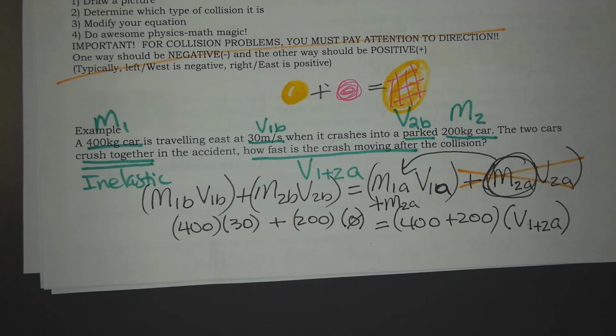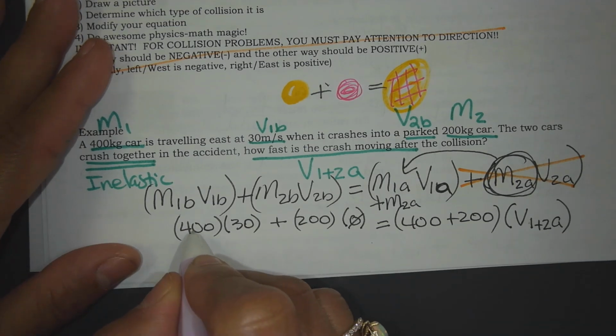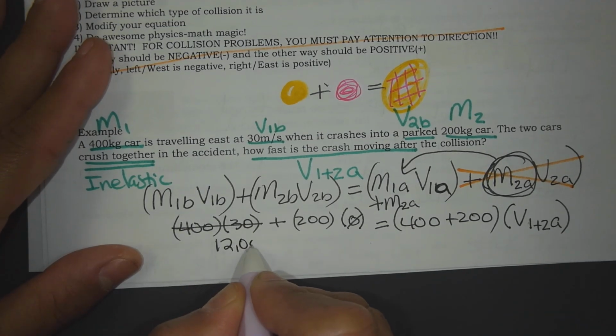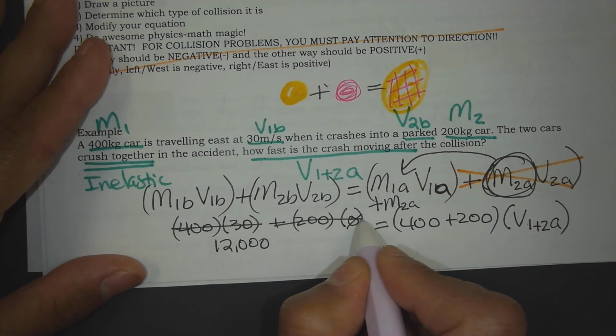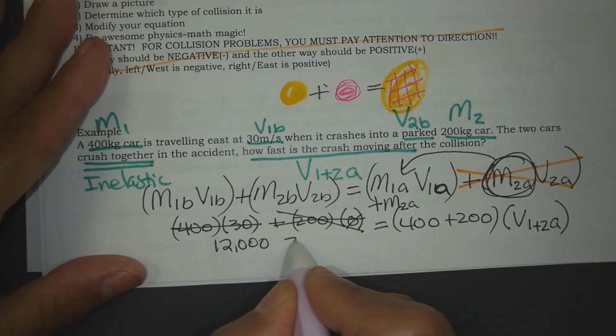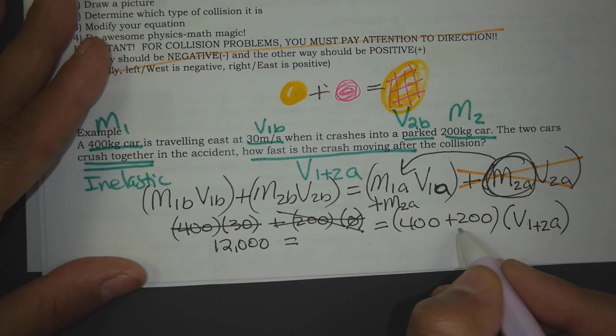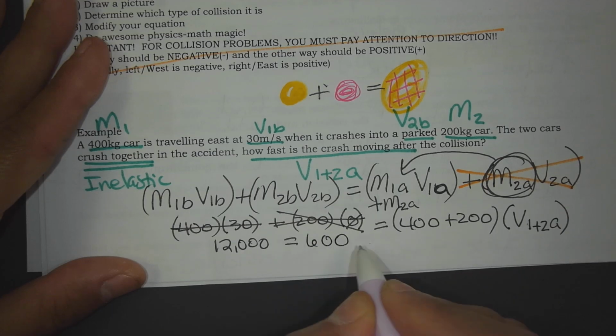Let's continue to do our math over here. 4 times 3 is 12. Don't get rid of those zeros, so 12,000. This 200 times 0 is 0, so I'm just going to put an X over that. Equals 400 plus 200 is 600.